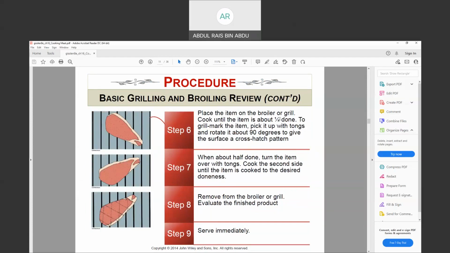Okay, we need to rotate it several times because not only do we want it to cook, but we want an attractive pattern of the griller sticking on the surface of the meat. So that's the purpose why the meat is flipped more than 2 times, because we want to get the pattern of the griller on the meat.